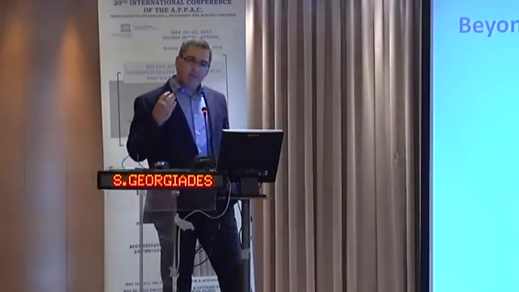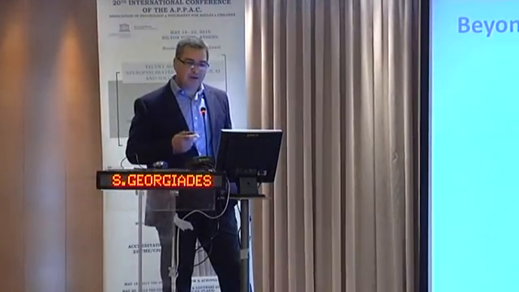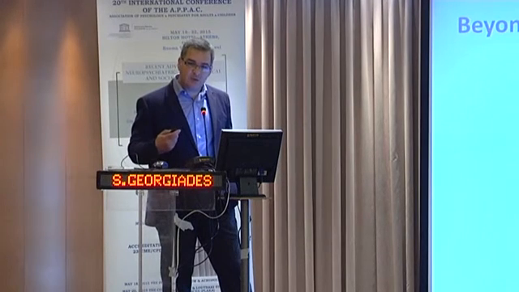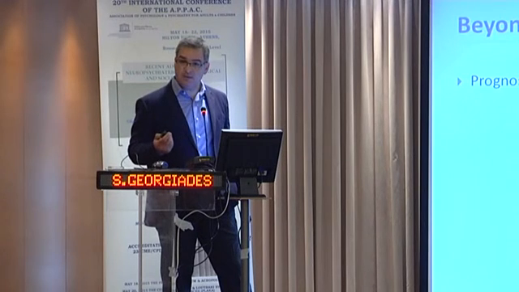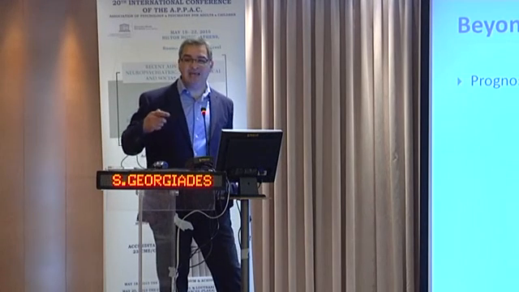Now, this study included mostly measures related to diagnostic symptoms. But as many of you know, parents, once they get the diagnosis for their child, their first question is prognosis. What will my child be able to do?